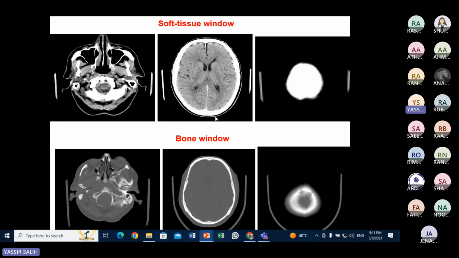This is done by the computer. You can adjust the window to eliminate the soft tissue or bone, and also you can take a window in which you can see the details of soft tissue like this. So this is the soft tissue window, and this is the bone window.